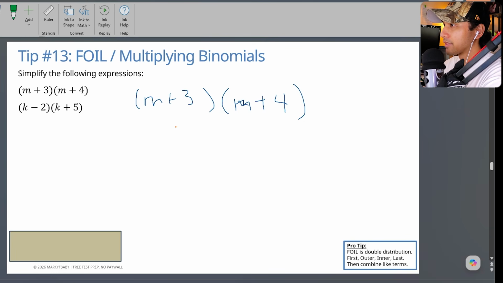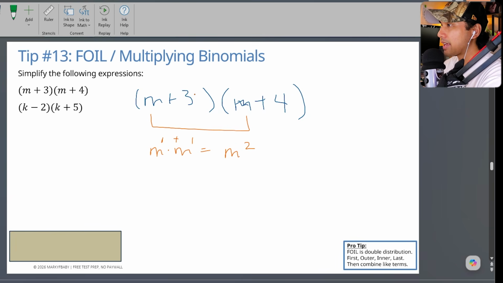You have m times m. m times m equals m squared, because m times m is just m to the first power times m to the first power. And when you multiply exponents, you add the exponents together. That's how you get m squared, or m to the 2 power.